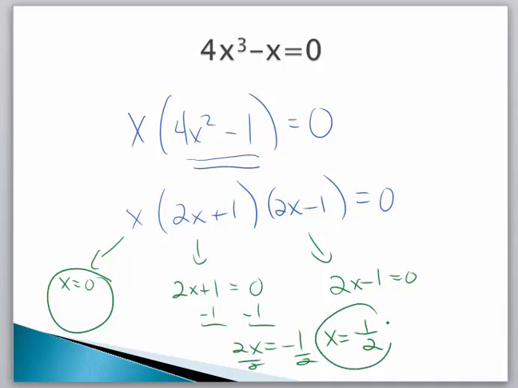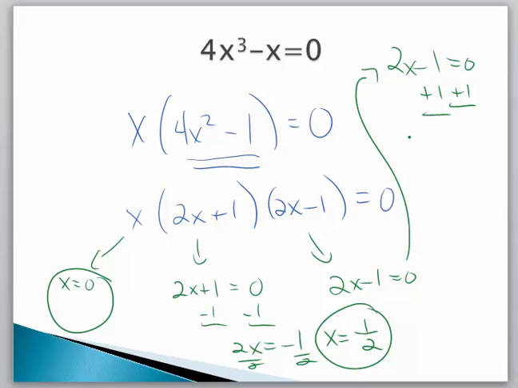X equals -1/2. Solve the third equation. And in this example, I get 3 solutions.